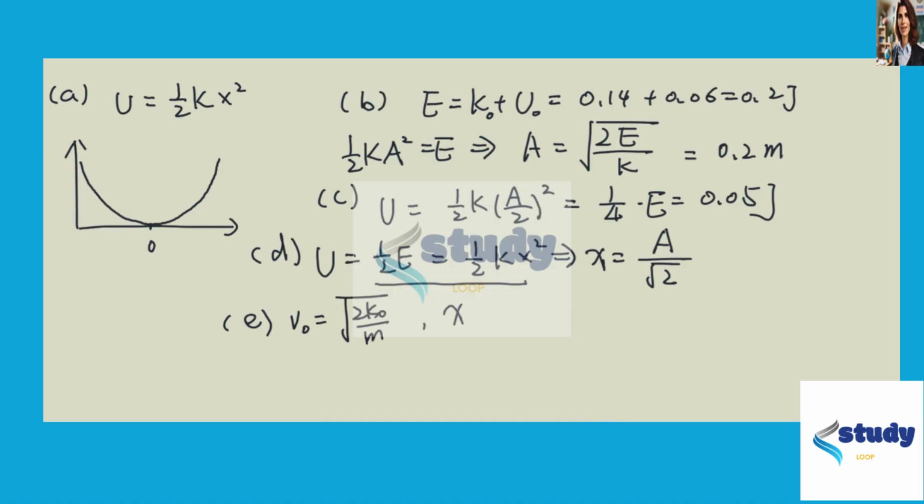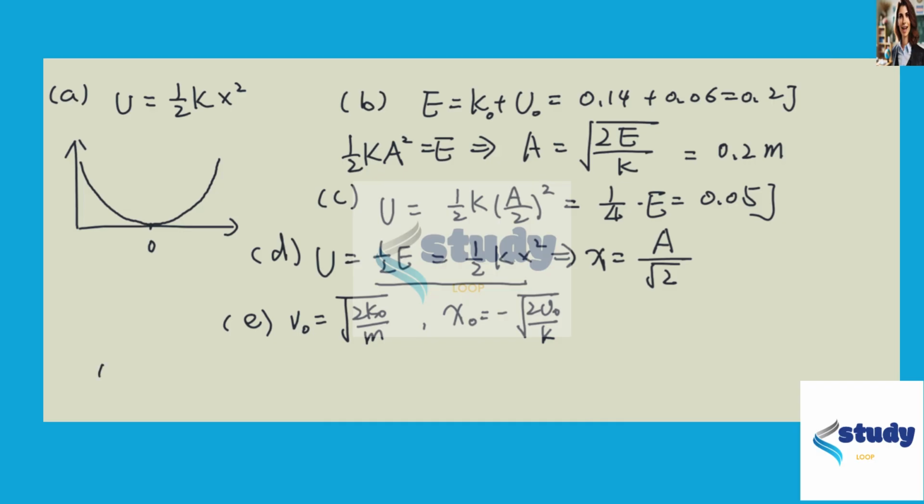Initial position is negative square root of 2 U naught over k, right? This negative sign is because the initial displacement is negative, which is described in the question. We know the initial velocity and the initial position, which can be calculated by the given numbers.